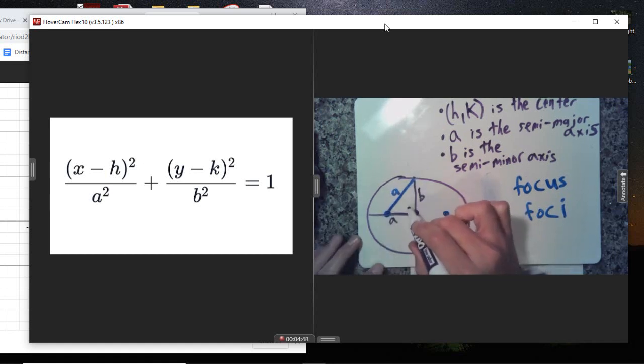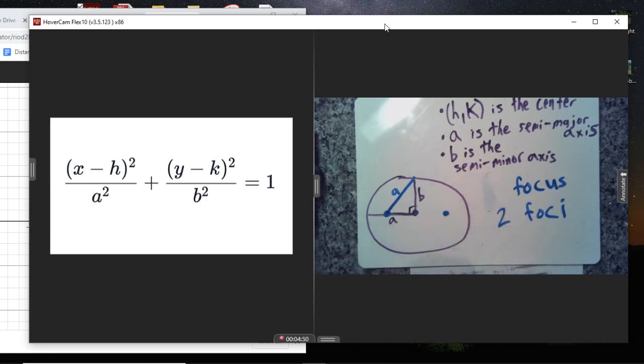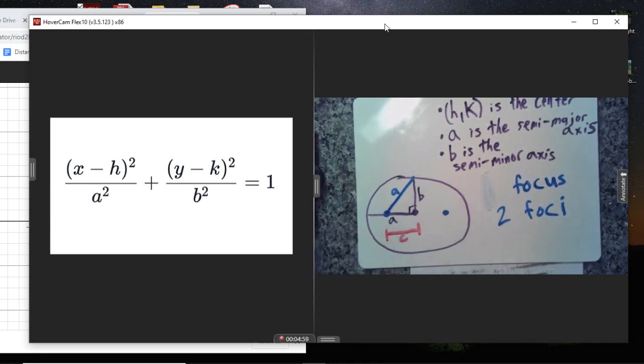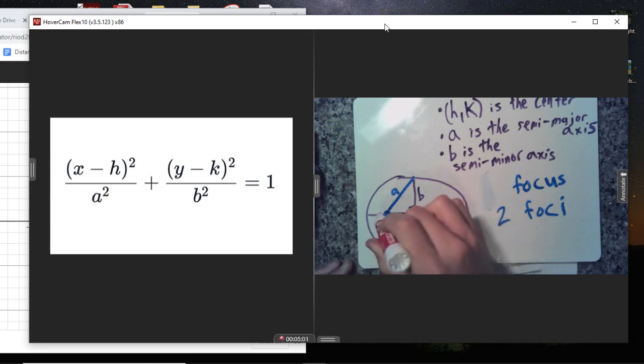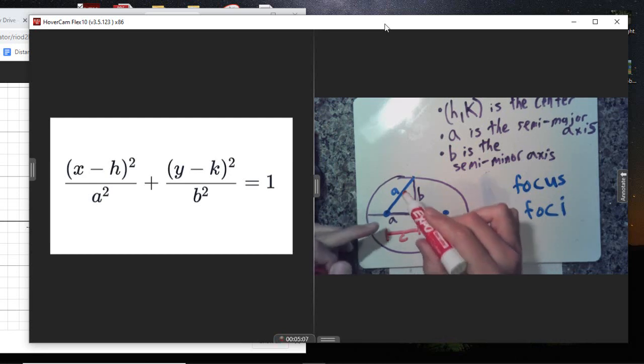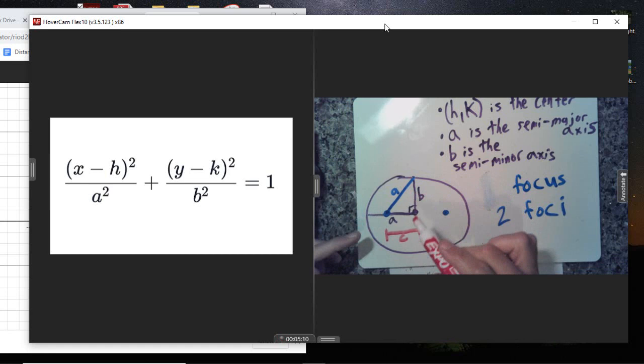Now notice you have a right angle here, and this length, super important, is what we're going to call C. That length right there is C, just from here to here. A, again, is that entire length. I can't stress that enough. A is this length, but it's also this length. And then C is this length right here.